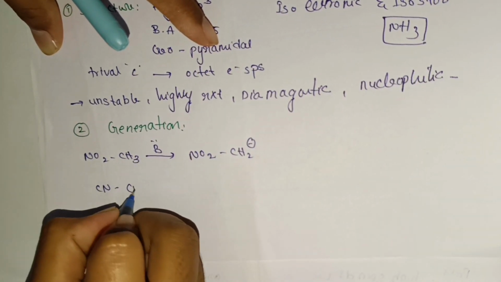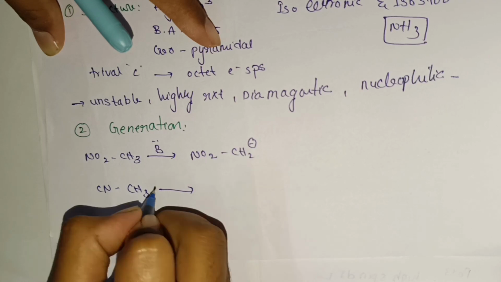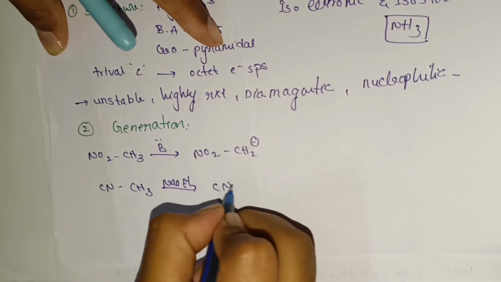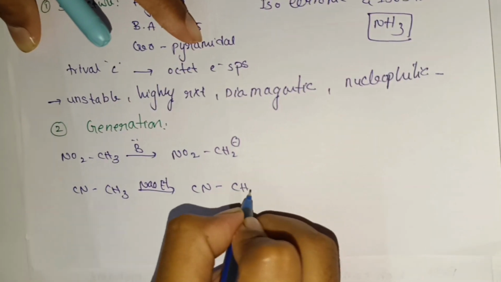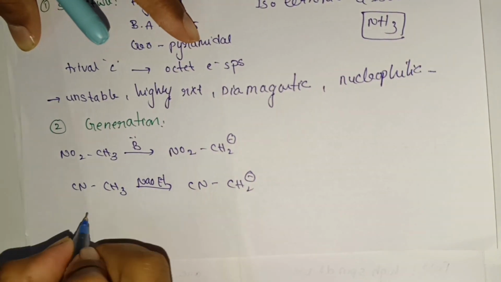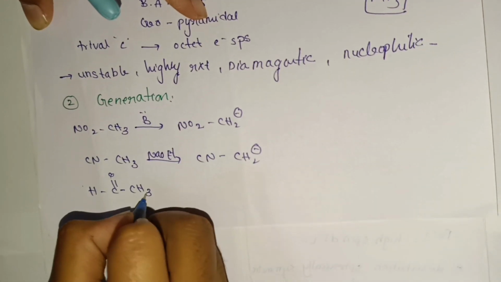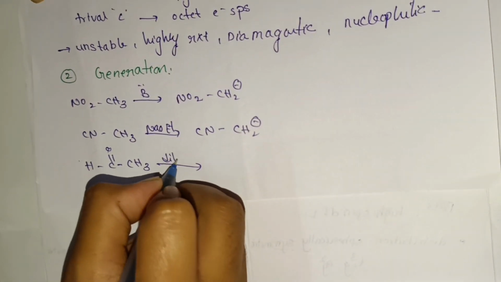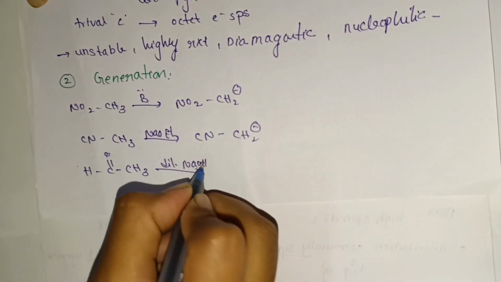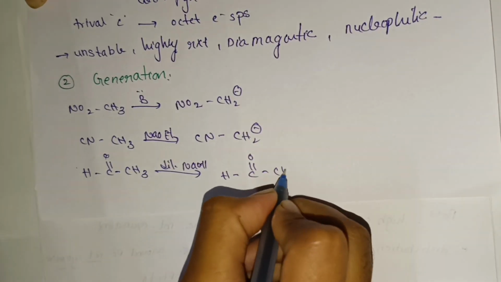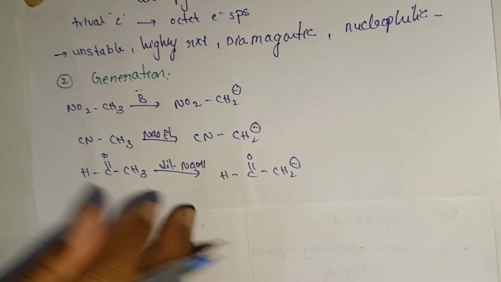Next, CH3CN in the presence of NaOEt forms CH2CN minus. Next, it reacts with dilute NaOH. How does it form? C double bond O CH2 minus.